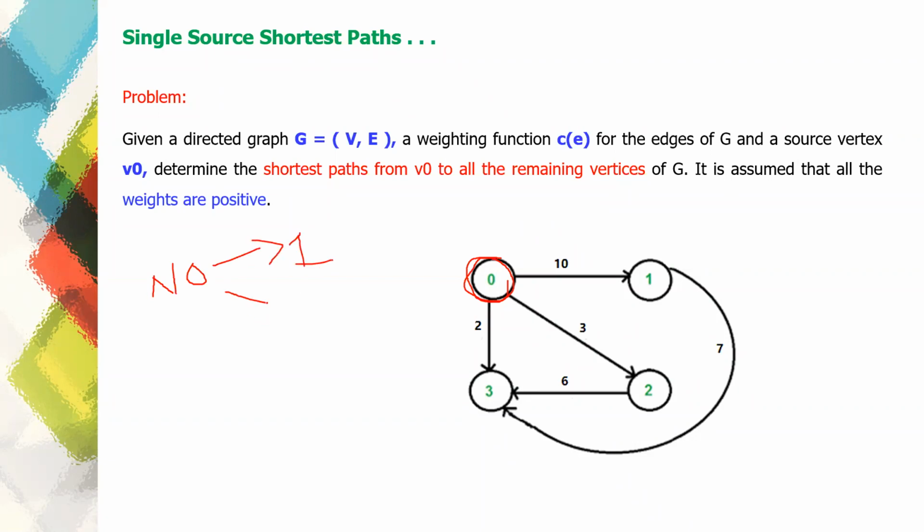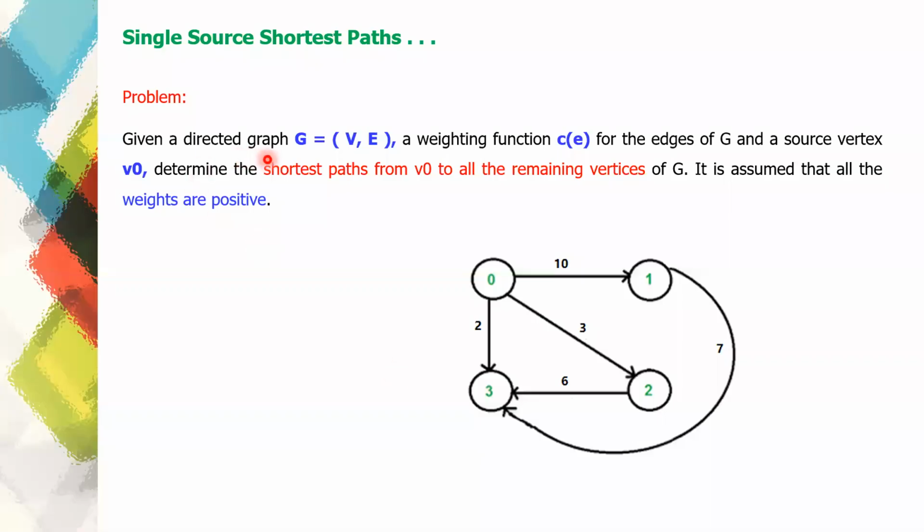You have to also find the shortest path from node 0 to node 2. Also find the shortest path from node 0 to node 3. So among all the given vertices, one vertex will be treated as the source vertex, and the problem is to find the shortest paths from the source vertex to all the remaining vertices.